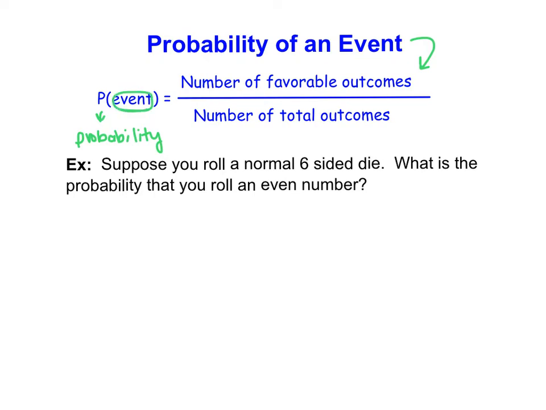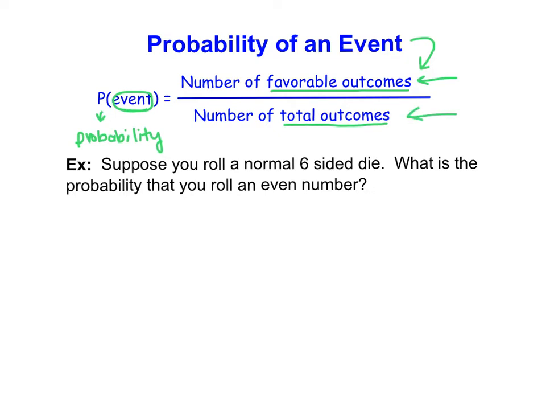And when we have a probability that we're calculating, we're going to find 2 values. We're going to figure out what the number of favorable outcomes are, and then we're going to figure out the total number of outcomes. And our probability fraction is formed by taking the total number of favorable outcomes and dividing it by the total number of all of the outcomes.